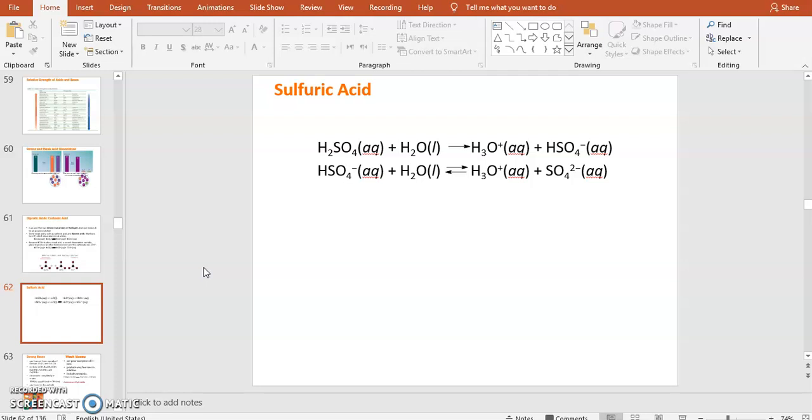Same thing goes for H2SO4. Dissociation in water gives H3O and HSO4. HSO4 is not stable, and it dissociates into another hydronium ion and the SO4 polyatomic ion.